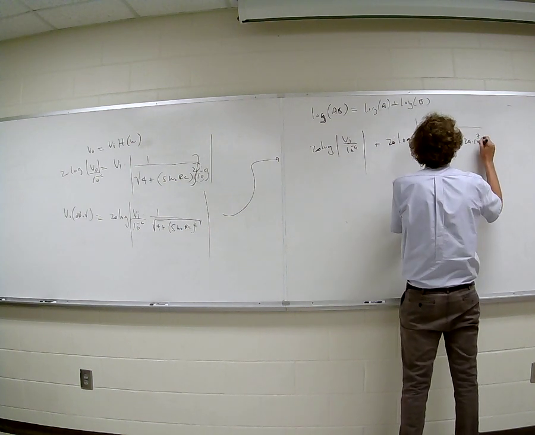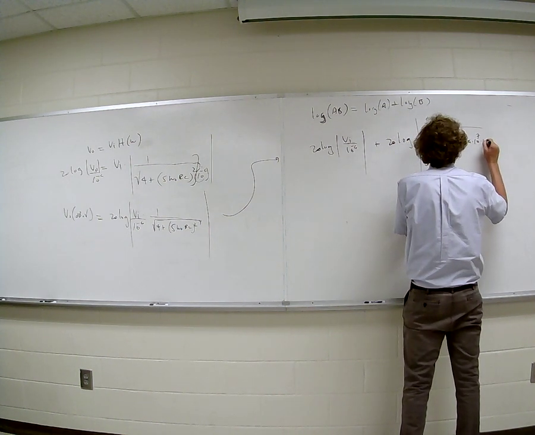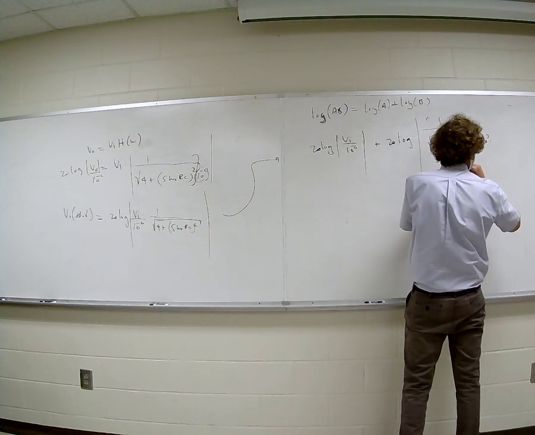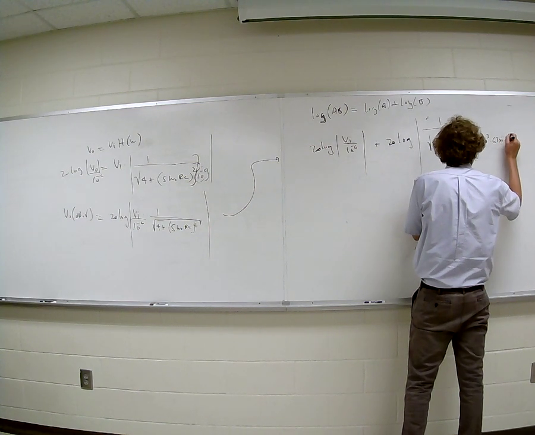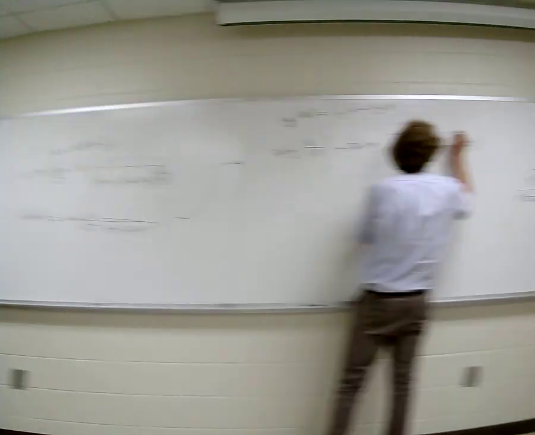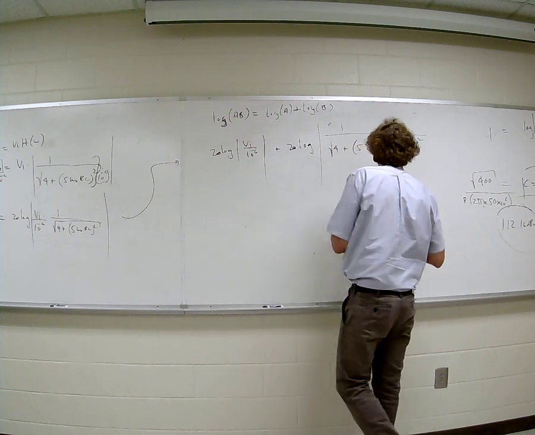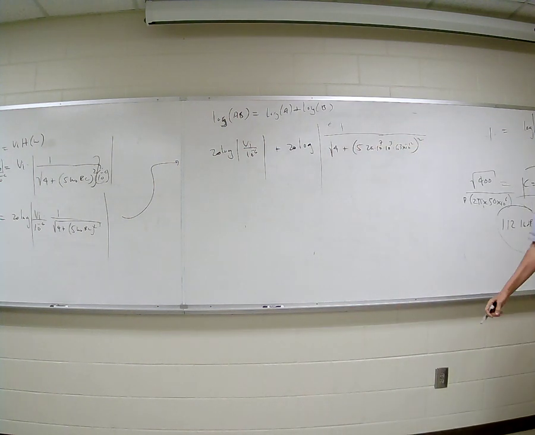Times R, and R was 1,000, or 10 to the 3rd, times C, which is 63 times 10 to the minus 12, right? Gotta take that mess and square it. Do y'all agree with that?